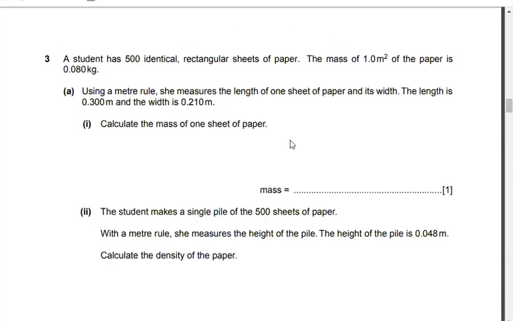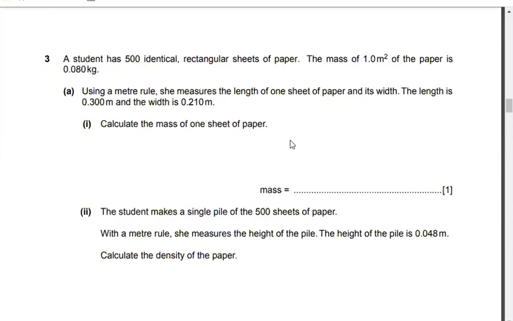If I consider an area of 1 meter square of paper, its mass is 0.080 kg.